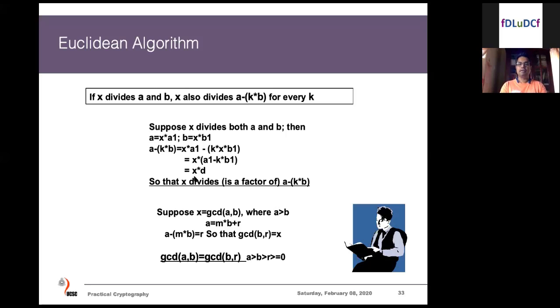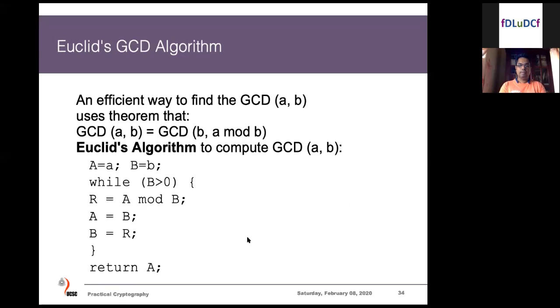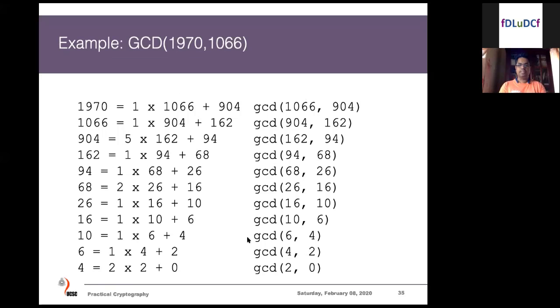So that's Euclid's proof. Why is it important? Because using that you can find a method to calculate the greatest common divisor of any two large numbers. I will show you how to do that with an example.